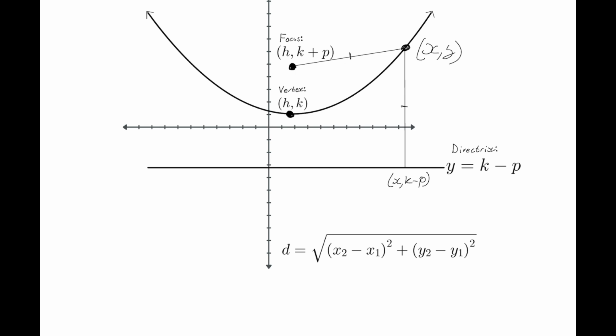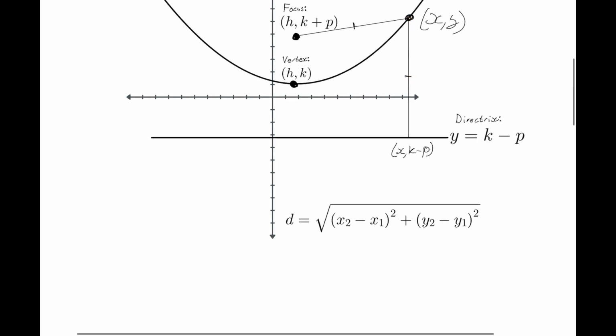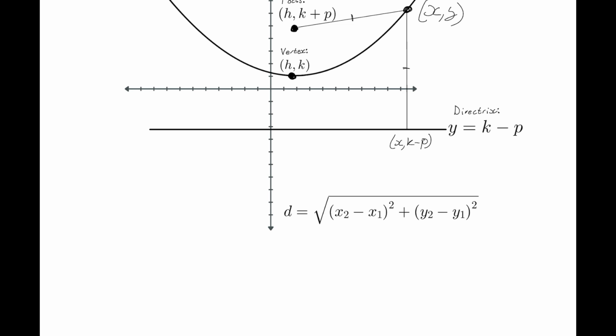The distance from (h, k plus p) to (x, y), that is to say, this distance, must be equal to the distance from (x, y) to (x, k minus p), this distance.